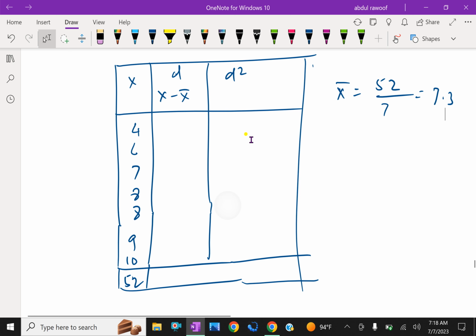That means you have to write x minus 7.3.